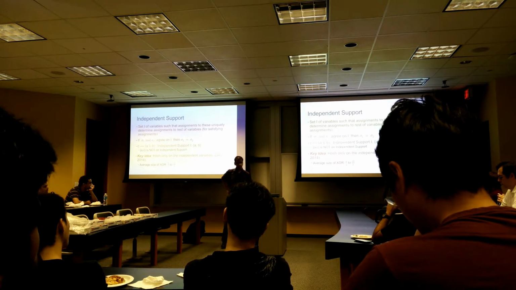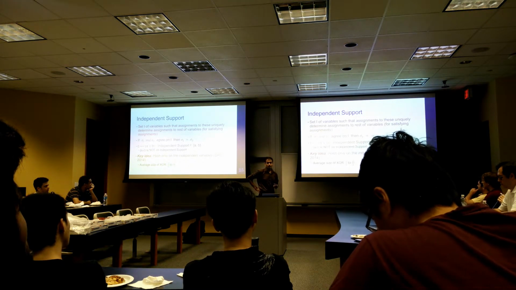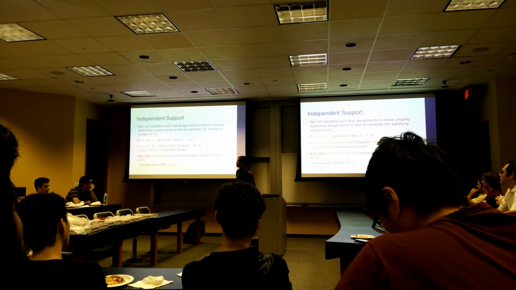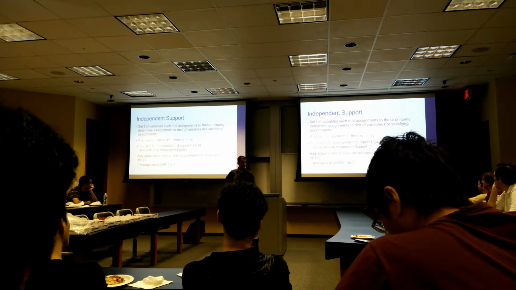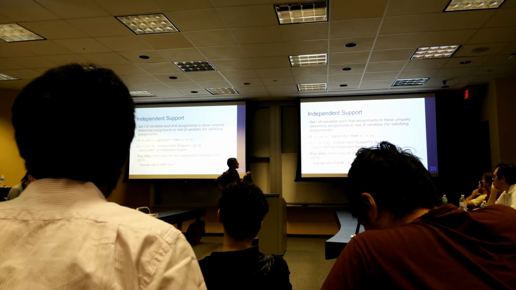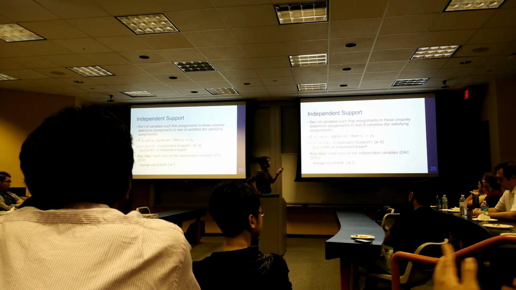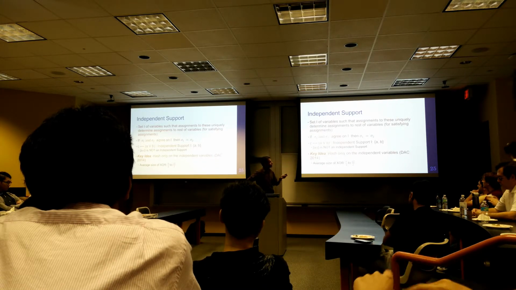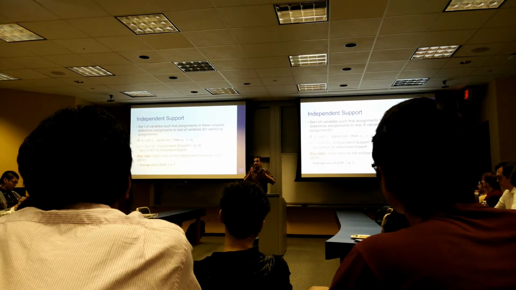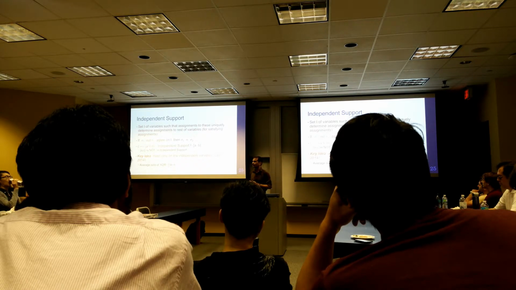So what we observe is, we are interested only in the solutions of a formula. Think about a formula that is represented over n variables, and we try to define a set called the independent support. This set I, the independent support, is such that if you assign values to the variables in the independent support, the rest of the variables can be uniquely determined.